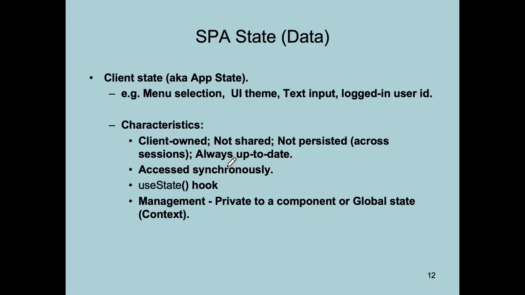The app may need to go through a re-rendering, but there's not a lag, if you like, between the changing of the client state and it being reflected in what the user sees. So it's synchronous to that degree. And we'd use the useState hook for storing client state or app data.